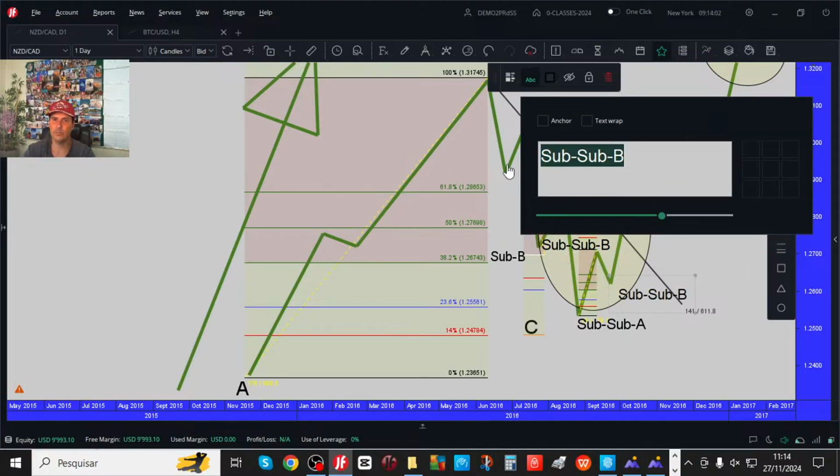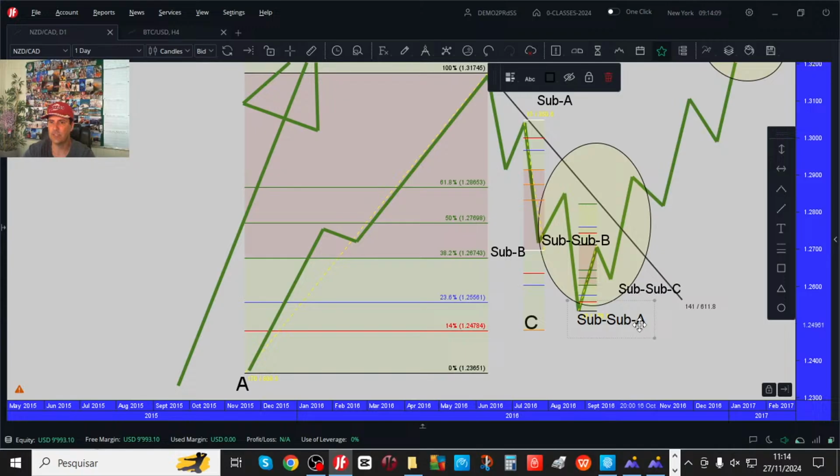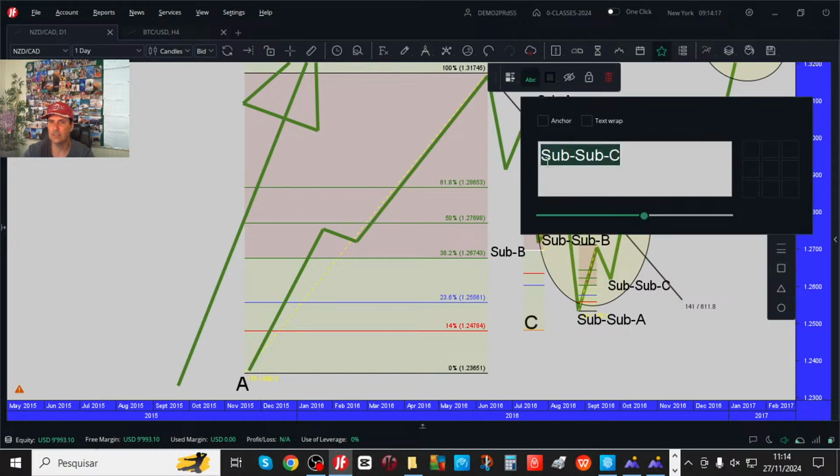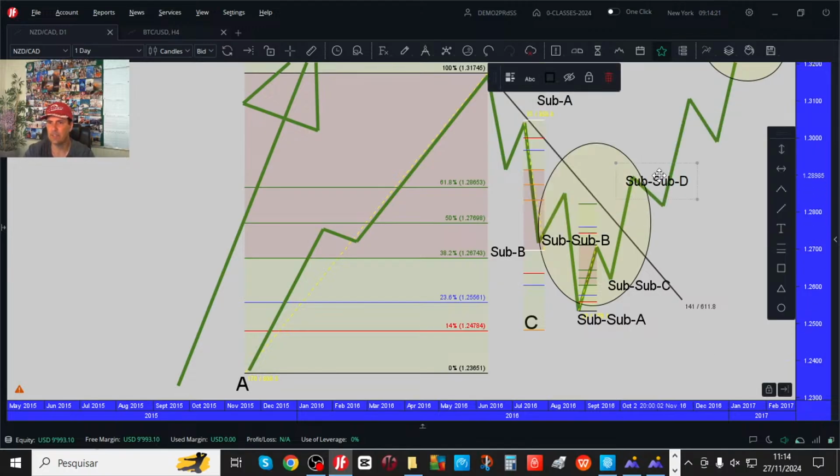Down in here, everybody, we are going to have the sub C. Alright, sub A, sub B, sub C, and of course green goes to green, then we are going to have the sub D, right? Okay, everybody?